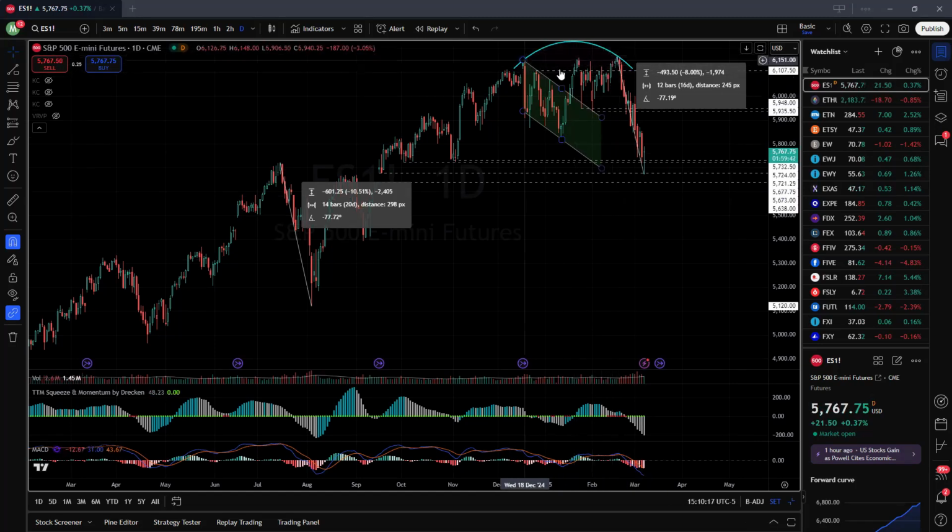You could also look at some statistic such as the number of companies in the S&P 500 trading above their 100-day or 200-day moving average.